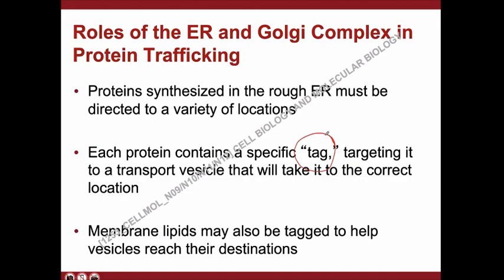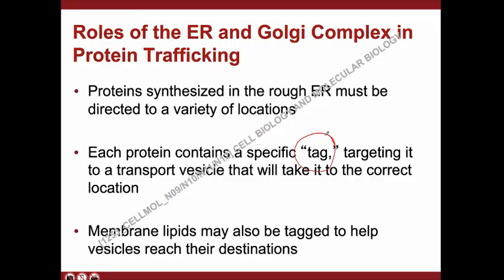So when it is marked, because of this specific tag, the system knows that it should be sent to your Golgi apparatus. It knows that it should be sent out for your endosomes. It should be sent out towards another organelle. And we will be discussing what those tags are. Depending on the location the protein will be sent to, that tag can be of different forms.